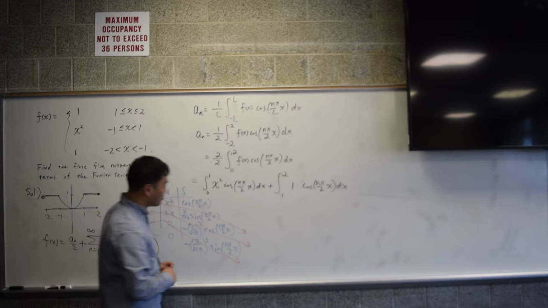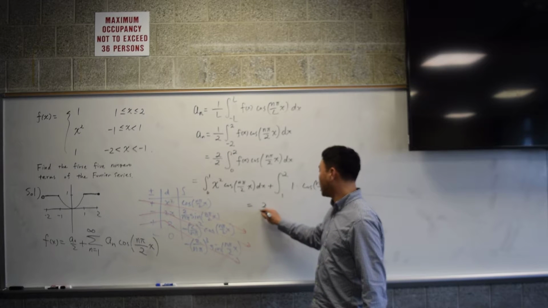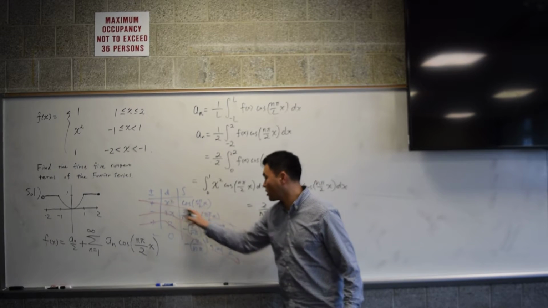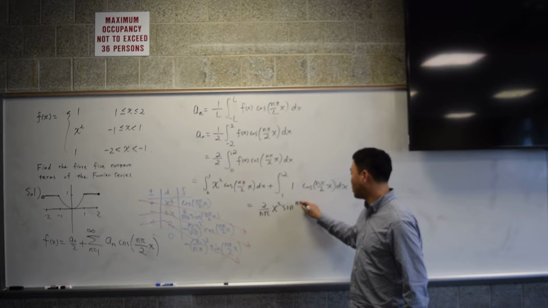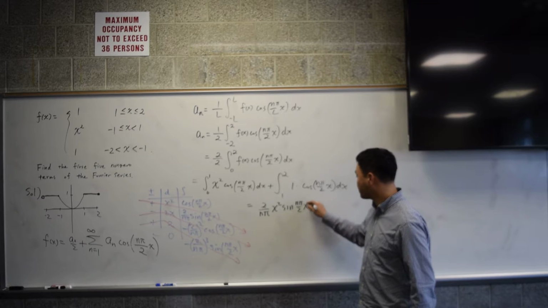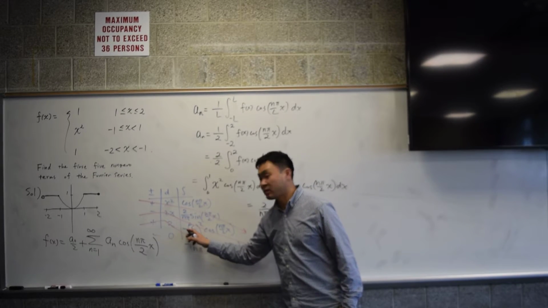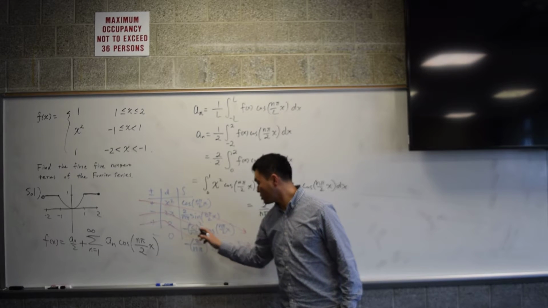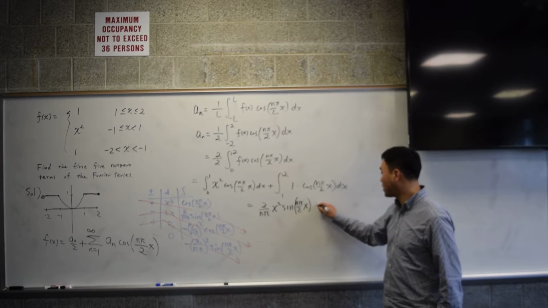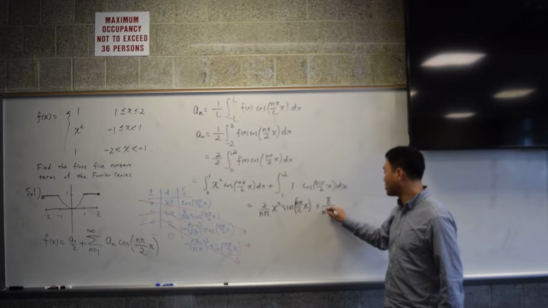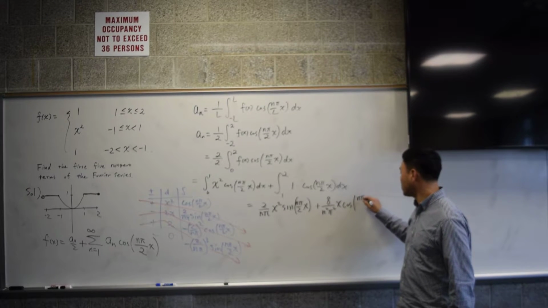So let's write down the result over here. It's rather long. What is it? It's 2 over n pi, that's the coefficient, and x squared sine n pi over 2x. And then negative times negative is positive, right? And 2, this is 4 over n squared pi squared, but 4 times 2 is 8, so you end up with positive 8 over n squared pi squared x times cosine n pi over 2x.